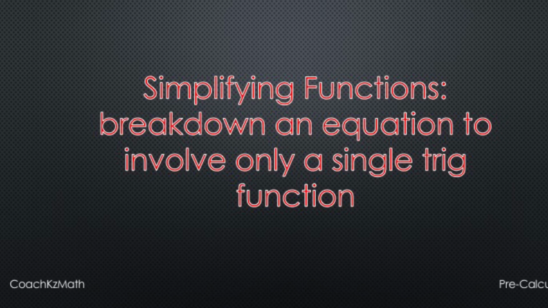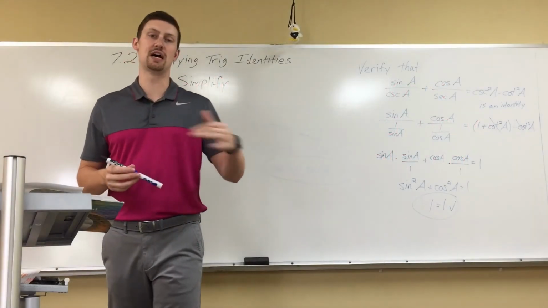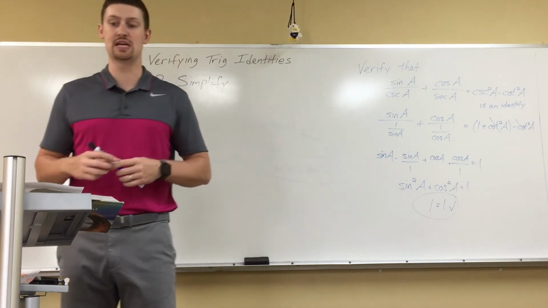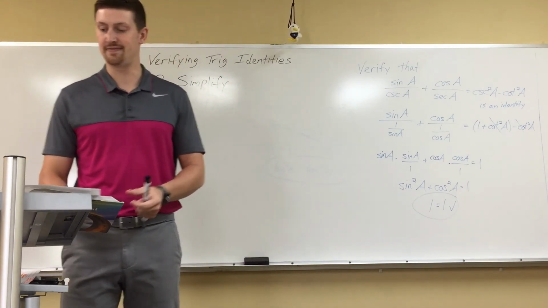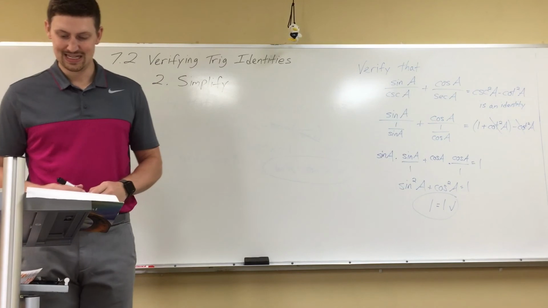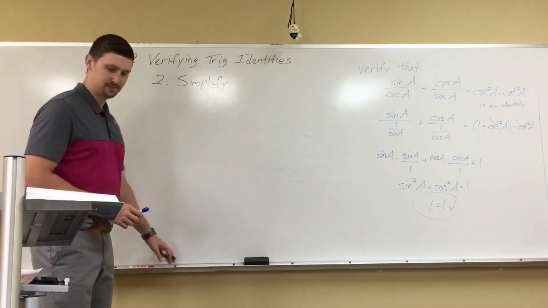So we're going to be given a long equation. All of them will be able to be simplified and broken down to just one function. In other words, sine, cosine, cosecant, whatever it might be. There's just going to be one trig function left. Last example.